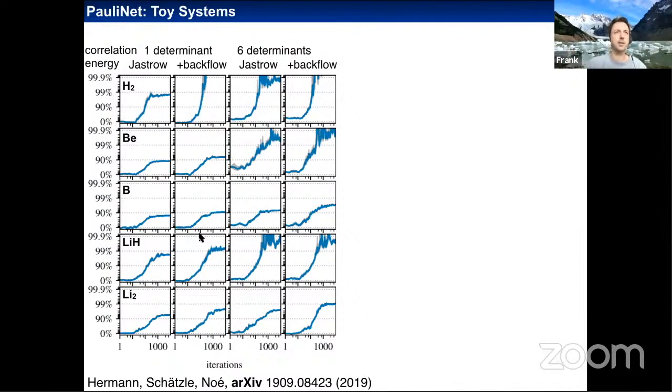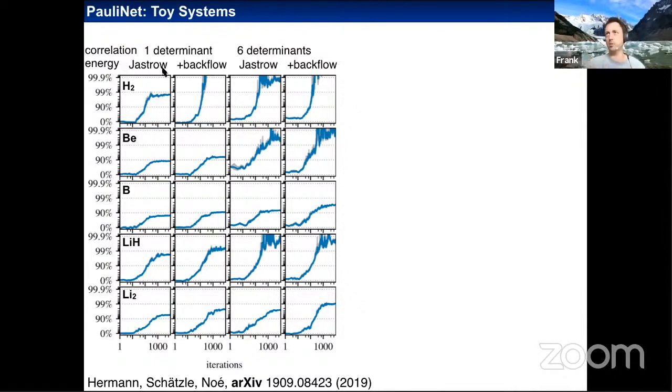And these plots here on the left are with one determinant, so that's a single Slater determinant solution. And here you see the solutions with 6 determinants. And here you see just training the Jastrow factor. That means we keep the Hartree-Fock orbitals and we just train a symmetric modification of it.